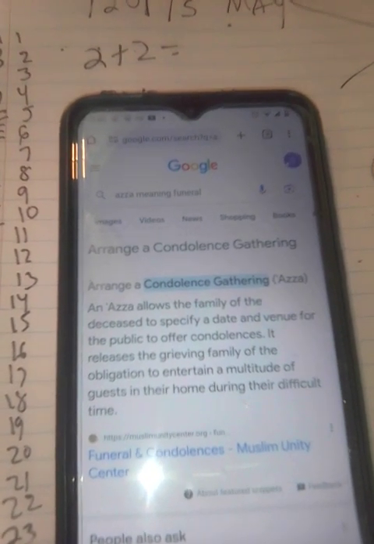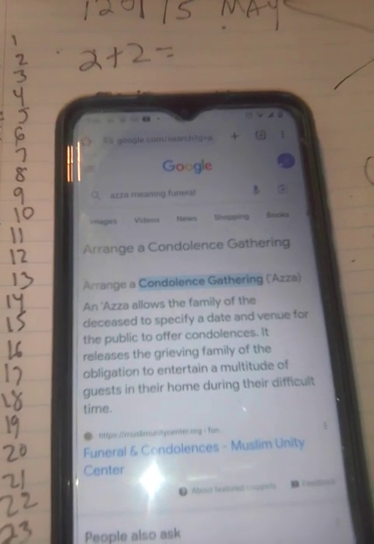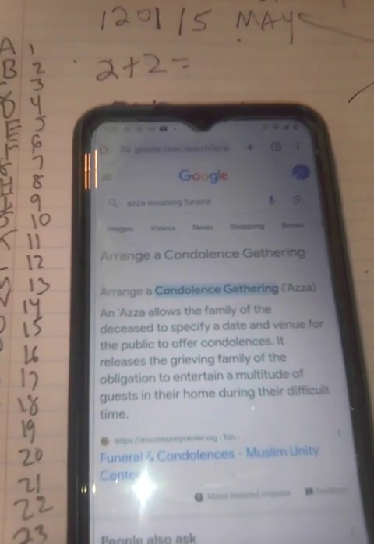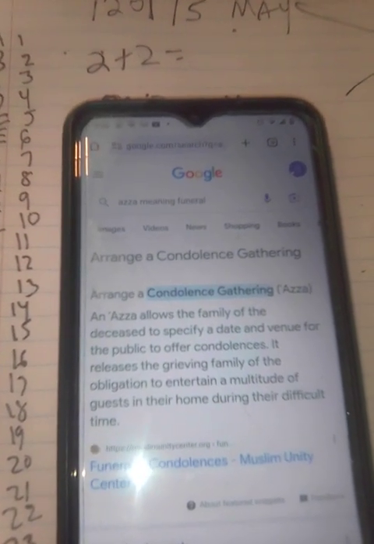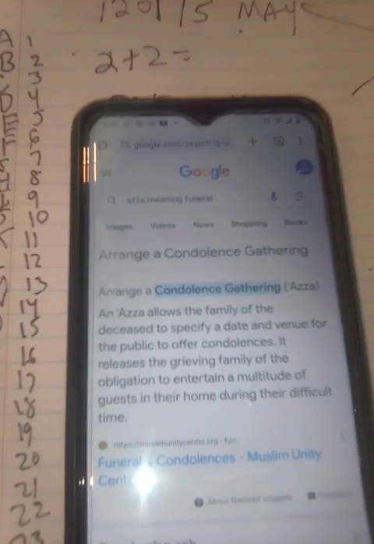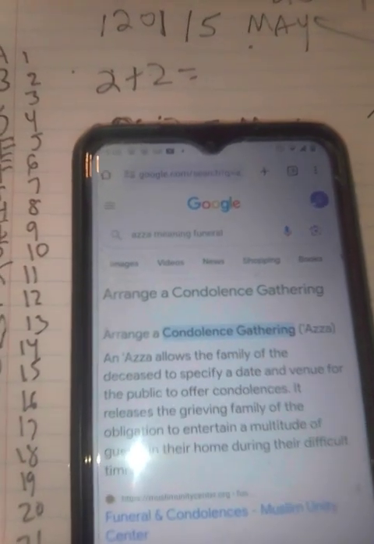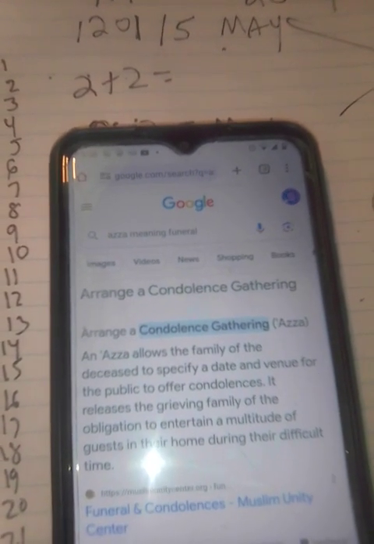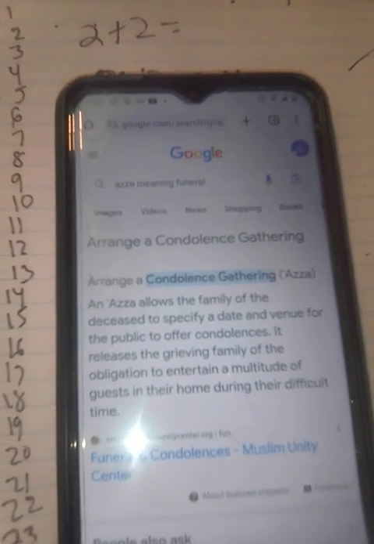And with that being said, if you apply what I just read, that Azza allows the family of the deceased to specify a date that the public can come and give their condolences. It's almost like saying that we here on earth are guests, and the original inhabitant of earth, whose name possibly is Azza, is allowing us to stay here while Azza is still grieving over the loss of someone.